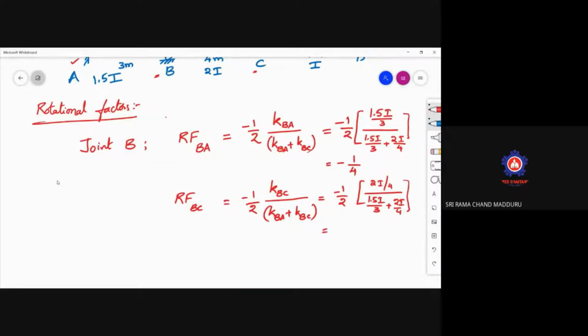If you simplify, this will also become minus 1 by 4. So you can understand here RFBA plus RFBC is minus 1 by 2. So the rotation factors at a joint will sum to minus 1 by 2. That point we have to remember.